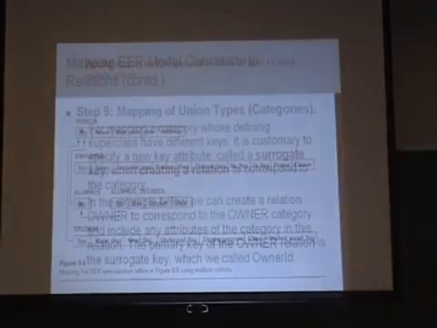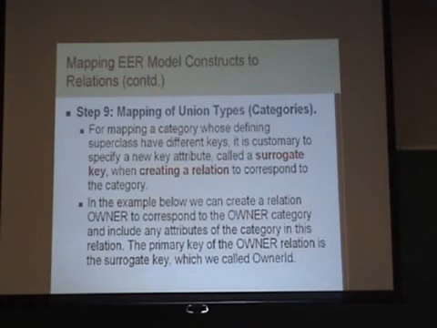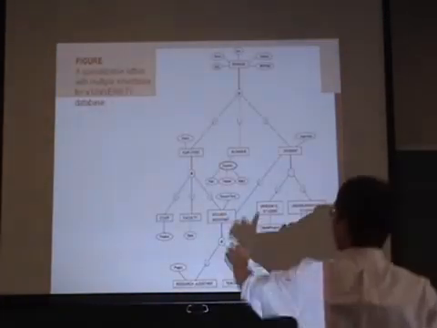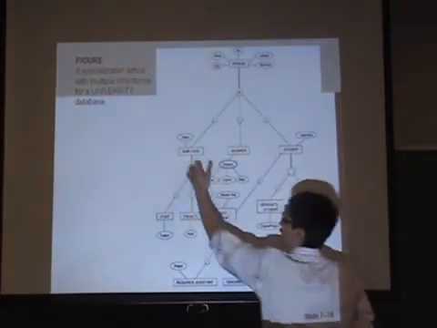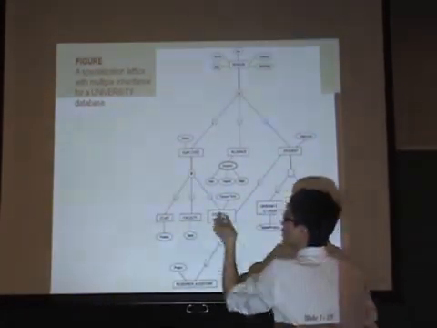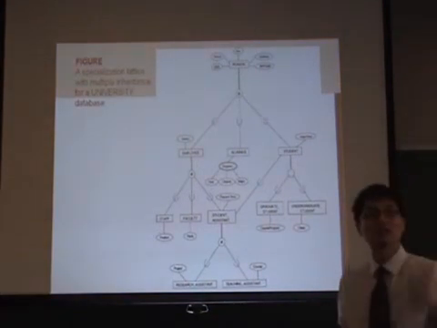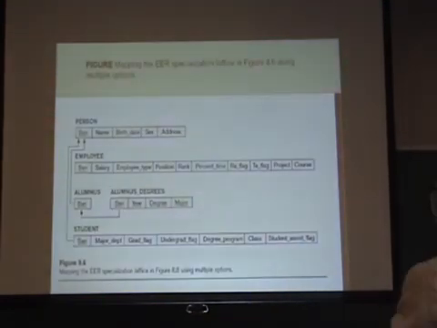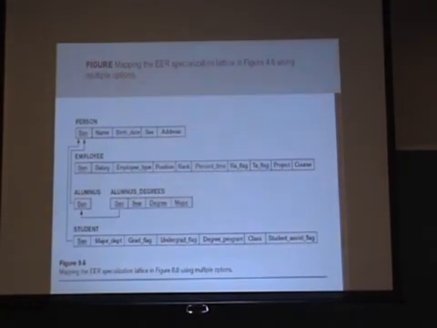We will see why this one has that kind of thing. What about the employee? Employee, staff, faculty, and student assistant. Which option is selected for employee? First option? Second option? Third option? Nothing. Fourth option? Third.